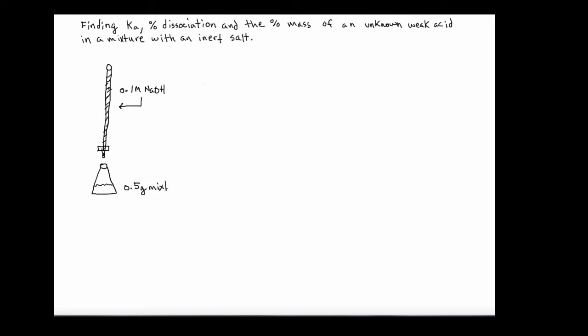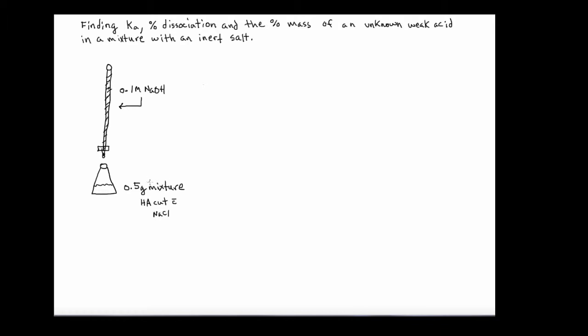It'll be a white salt mixture, and in the mixture a certain proportion is going to be the weak acid of interest that will be cut with a certain amount of some kind of inert salt, like sodium chloride might typically be used, or something else.